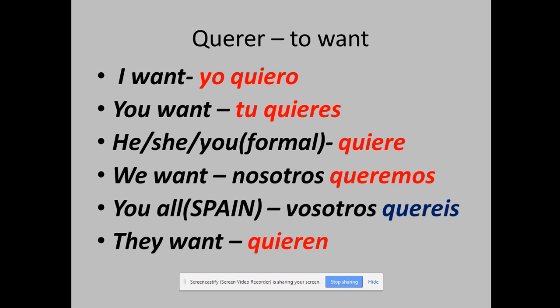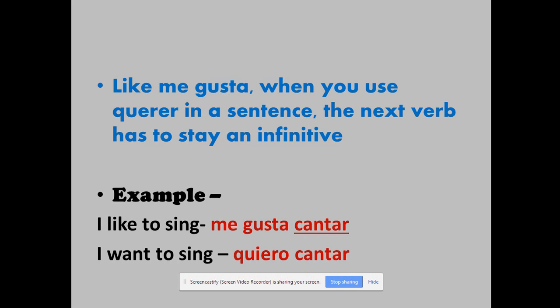Now that we know these, this is an irregular verb, just so you remember. Like me gusta, when you use querer in a sentence, the next verb has to stay in infinitive. And if we remember what an infinitive is, it's a verb that hasn't been changed.